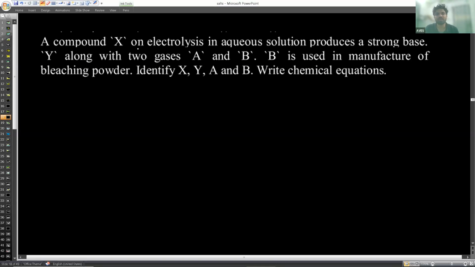So what is saying that a compound X on electrolysis produces a strong base? What is the compound X? CaOCl. Sir, NaOH.